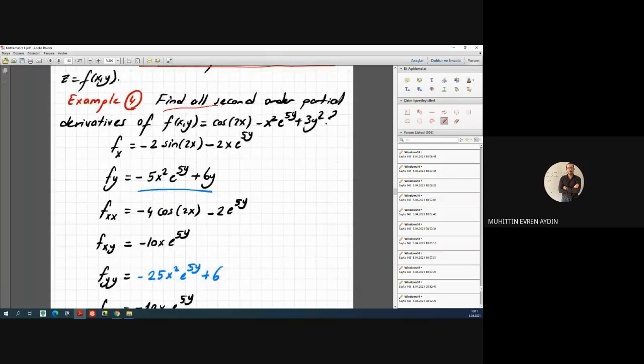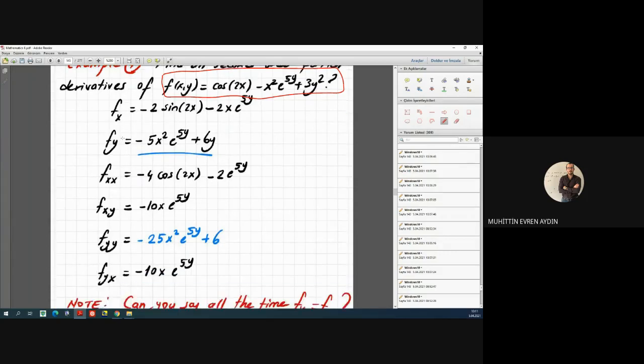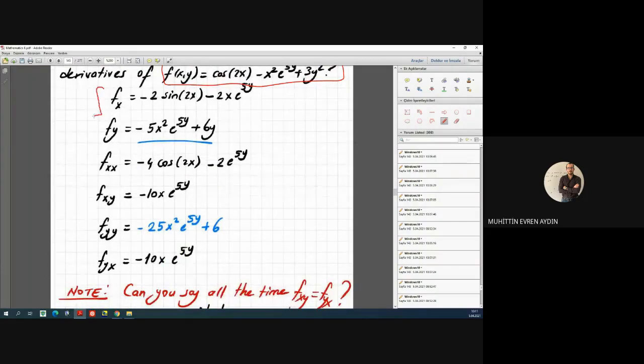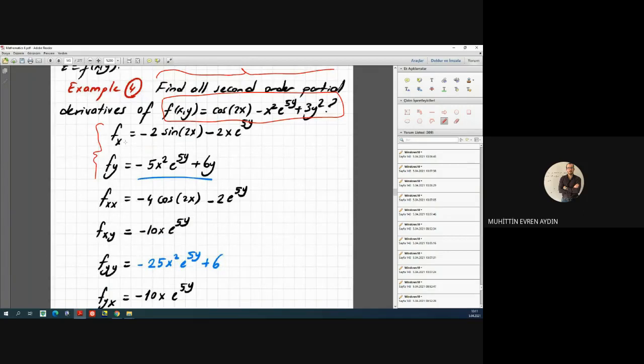Okay, we have a function cosine of 2x minus x squared e to the 5y plus 3y squared. Let's find all second derivatives. For this, firstly we have to find first order derivatives. Let's take the derivative with respect to x. The first term depends only on the variable x, so we have this statement, and the last term must be 0.